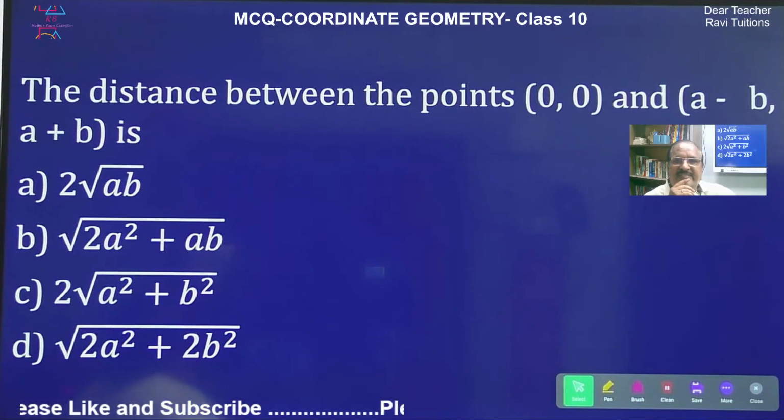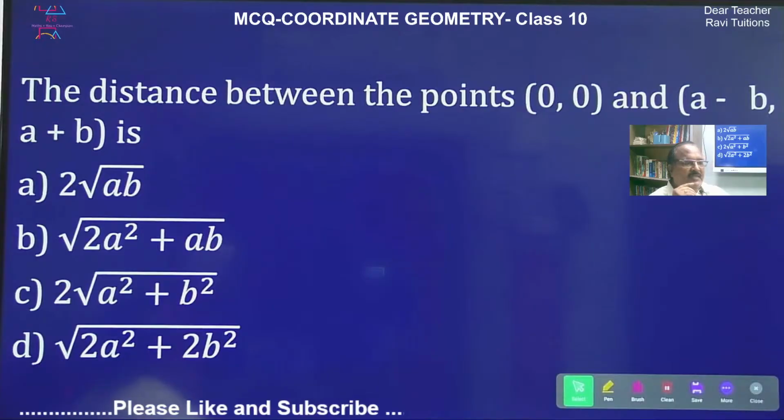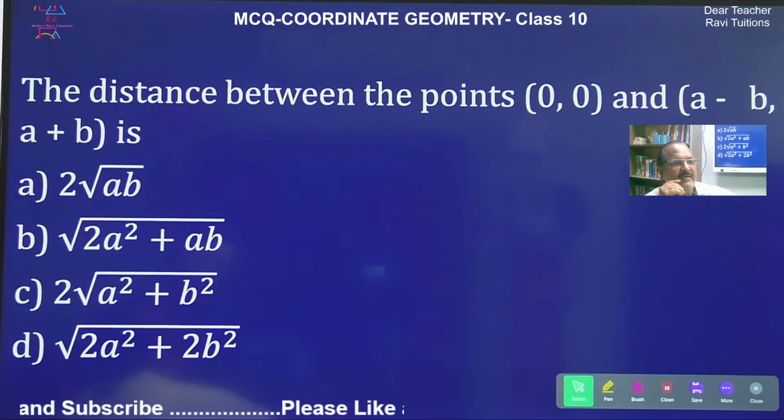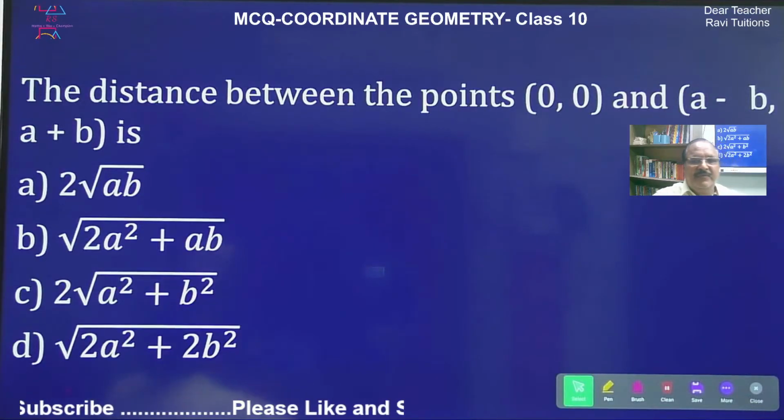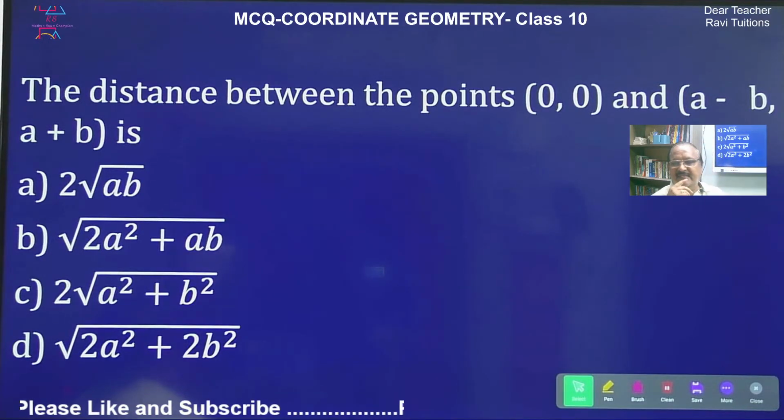So the distance between 0, 0, A minus B, A plus B. You have to use the distance formula. Okay. Just use distance formula and let me know which answer is correct.